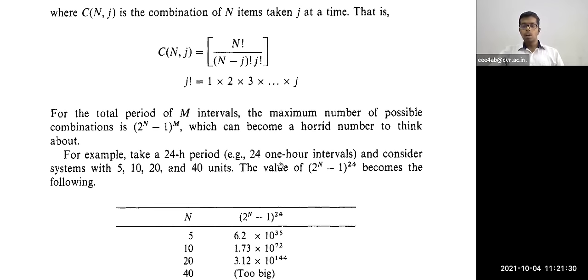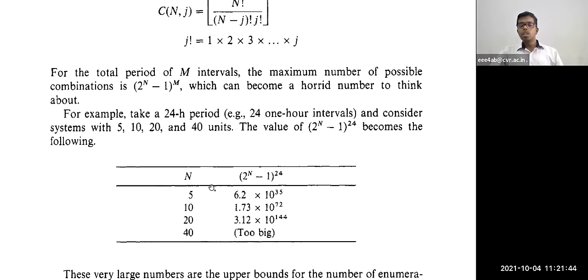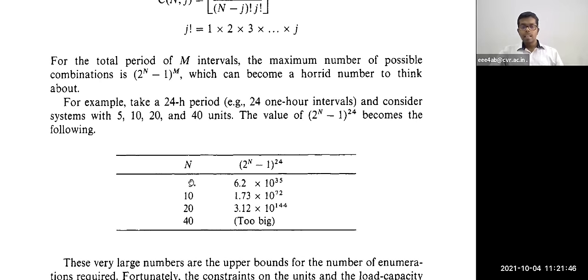For the combination, we already studied, (2 power n minus 1) the whole power M, where M is the number of intervals, which we have taken as 24. So take your scientific calculator and calculate it for 5 generating units, so n is 5. So (2 power 5 minus 1) the whole power 24.